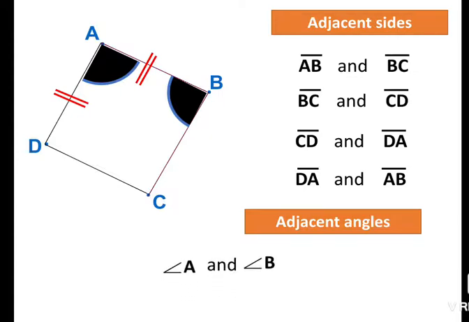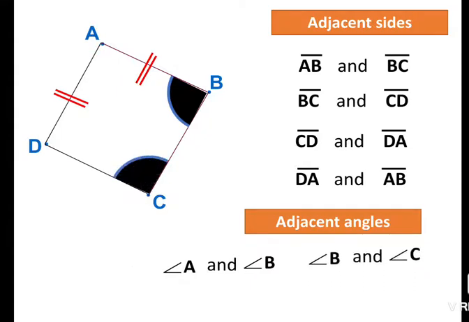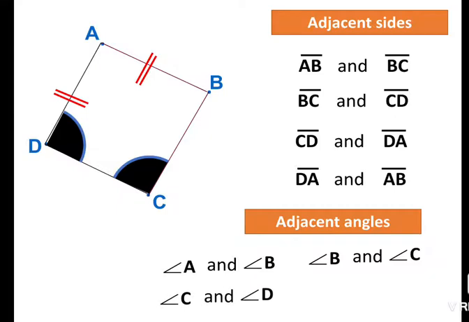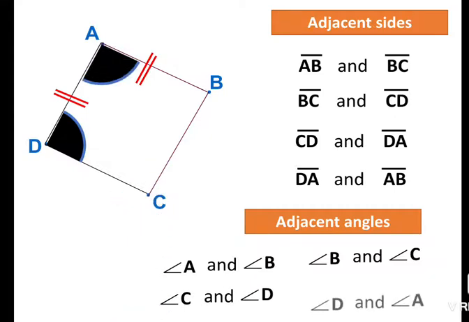That is, angle A and angle B are adjacent. Then angle B and angle C are adjacent, on the same line segment. Then angle C and angle D are adjacent. Next, angle D and angle A are adjacent angles. Adjacent angles means nearest angles.